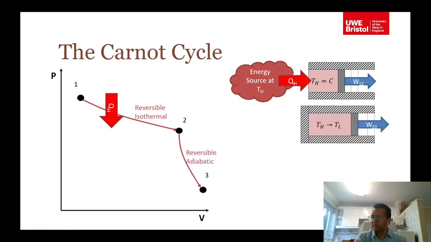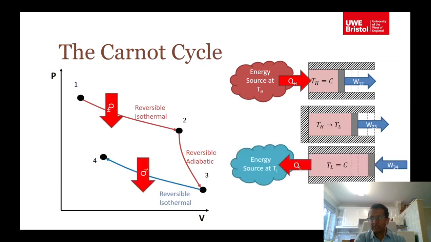If you draw a PV diagram, the Carnot cycle operates on reversible isothermal heat absorption, reversible adiabatic work done, then reversible isothermal heat rejection, and reversible adiabatic work done into the system.